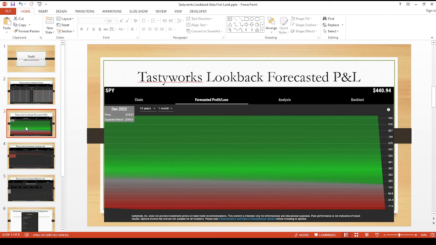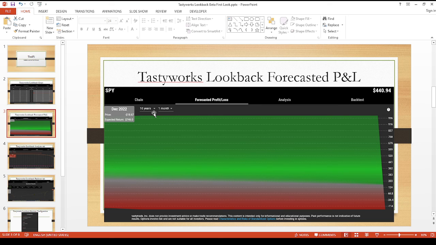Going over to the next tab, this is a little confusing. It shows the forecasted profit and loss. Basically, the green section represents where you could potentially see profit, based on the price and also the time on the horizontal axis.